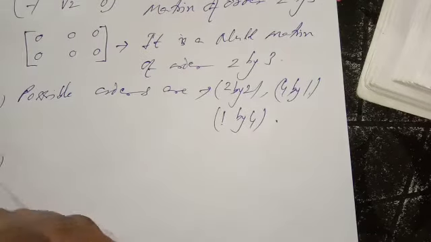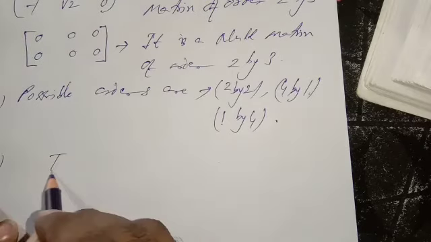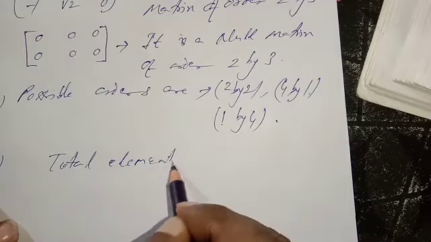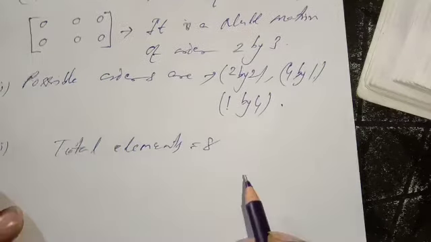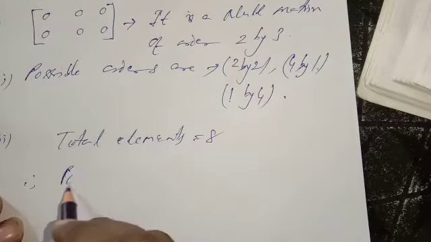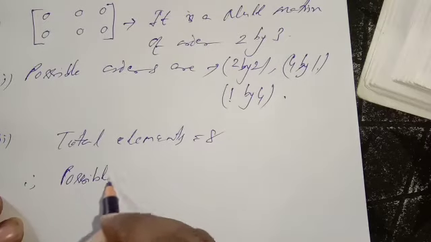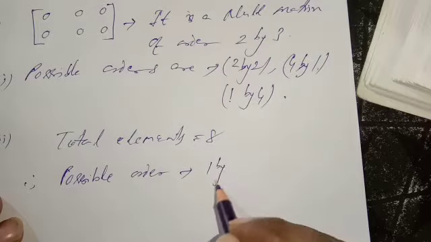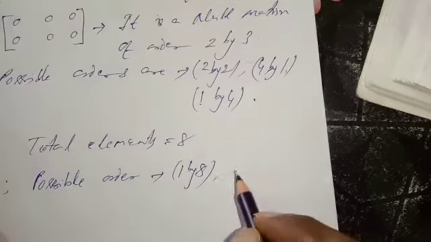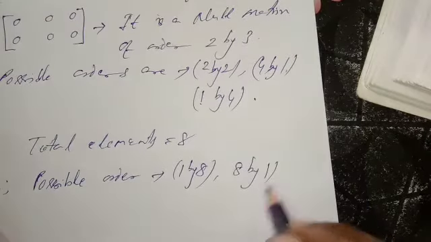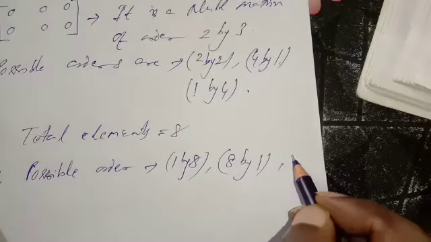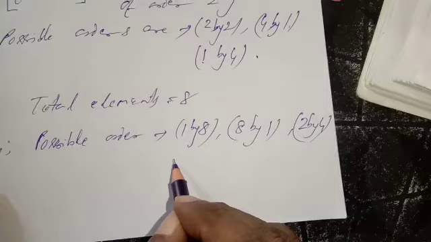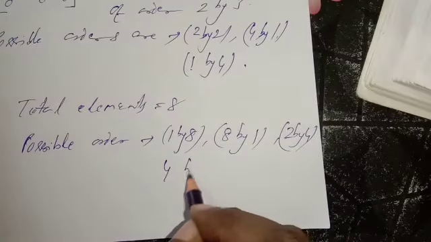The second part: total elements given is 8. Therefore, the possible orders will be 1 by 8, 8 by 1, 2 by 4 or 4 by 2.